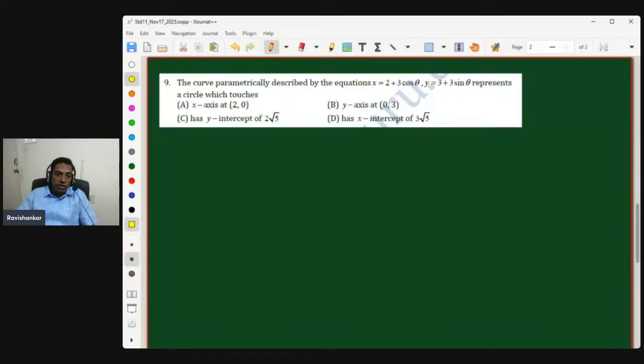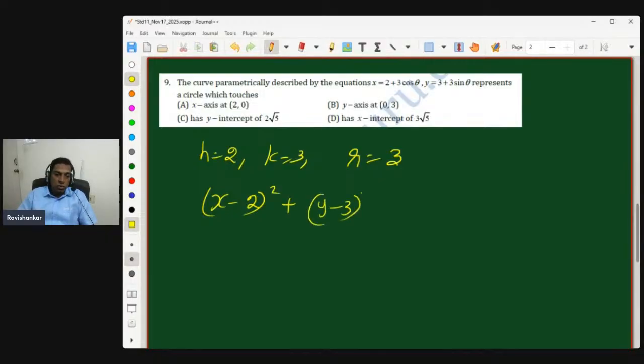Okay, so here h is 2, k is 3, and r is 3. So x minus 2 whole squared plus y minus 3 whole squared is equal to 3 squared, which is x squared plus y squared minus 4x minus 6y, sorry, not 6x, plus 4 equals 0.